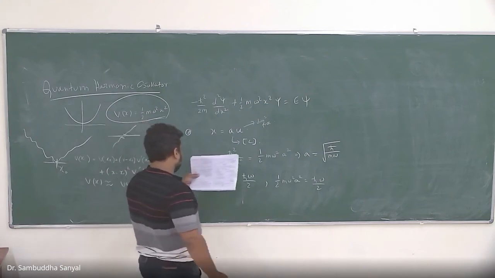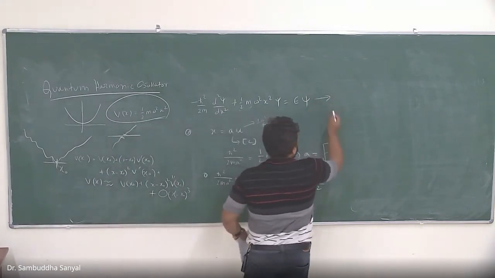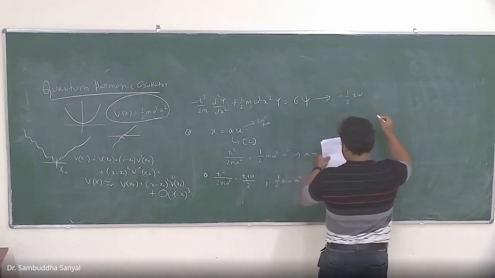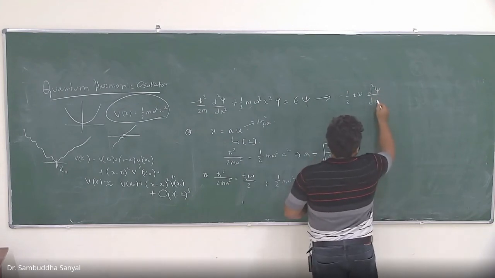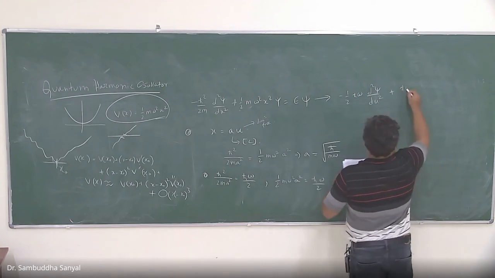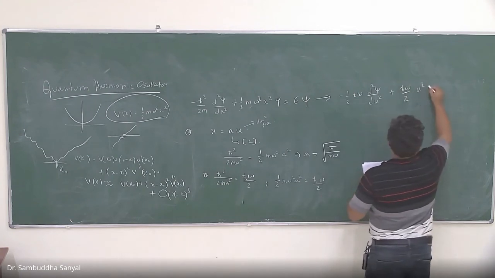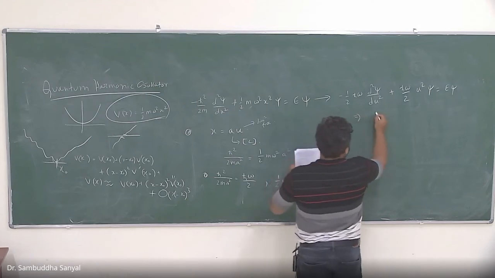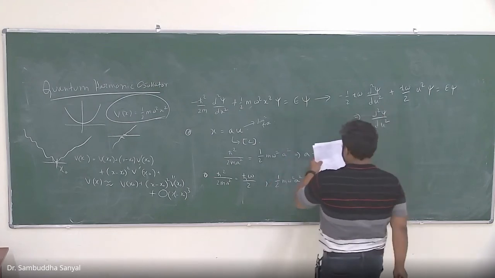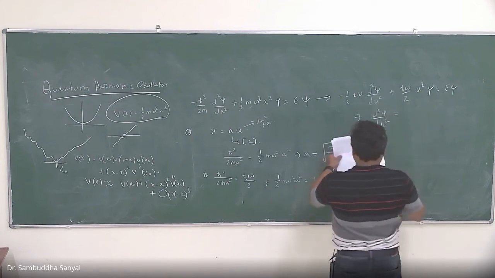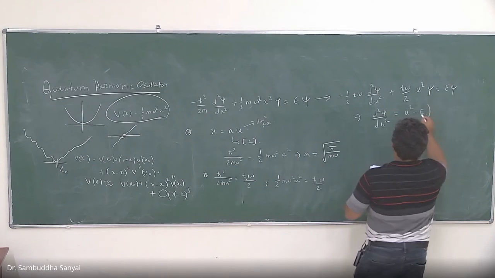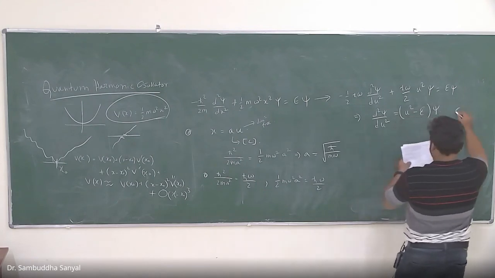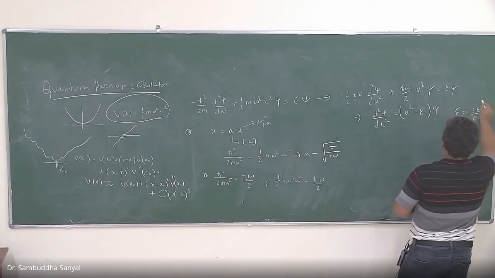So if I plug that in, this equation will become minus half h bar omega d2 psi du2 plus h bar omega by 2 u squared psi equal to E psi, which is basically d2 psi du2, take the u squared this side and h bar omega also this side, you get u squared minus epsilon, where epsilon is 2E by h bar omega.